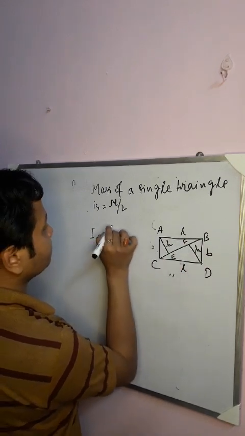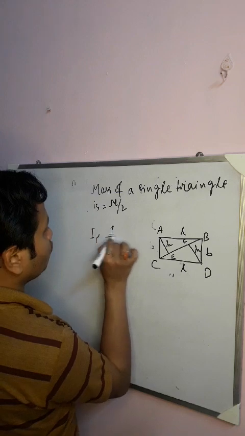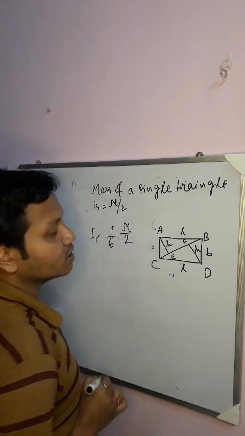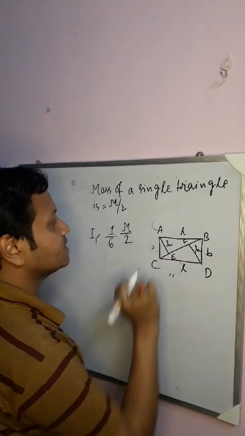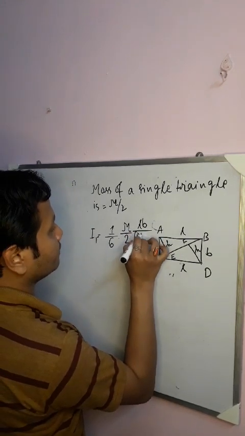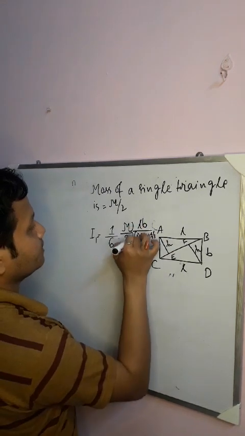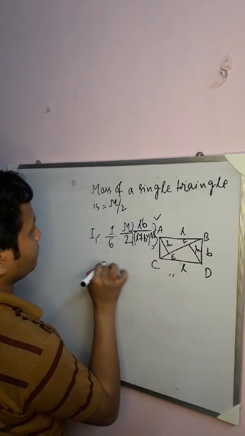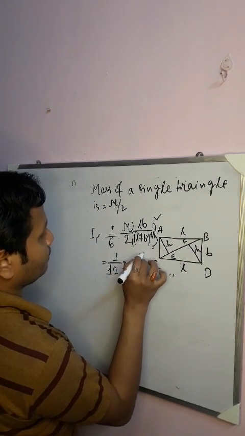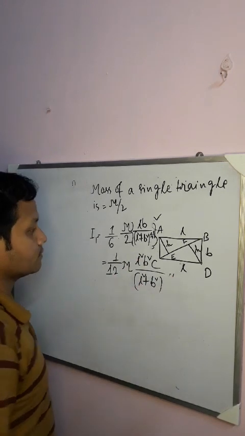That means 1/6 MH square. We can put M by 2 instead of M, because the mass of a single triangle is M by 2. H square means LB by L square plus B square whole to the power half, squared. That means 1/12 M L square B square by L square plus B square.